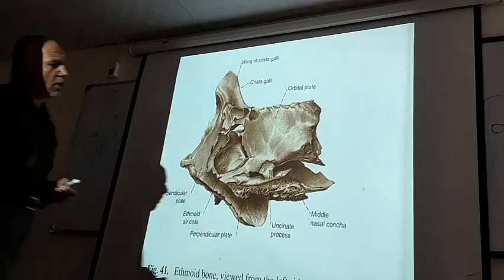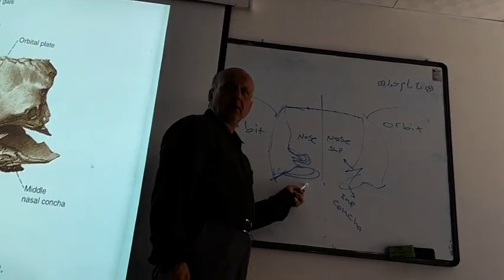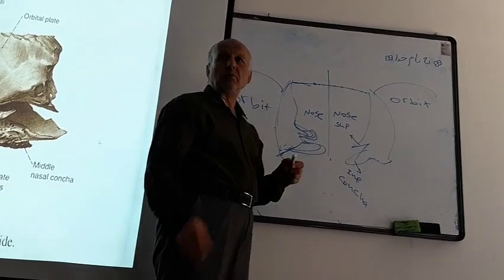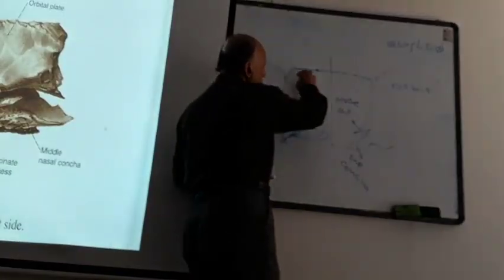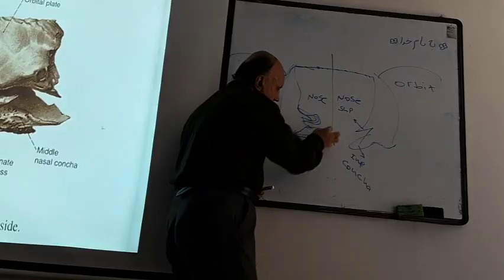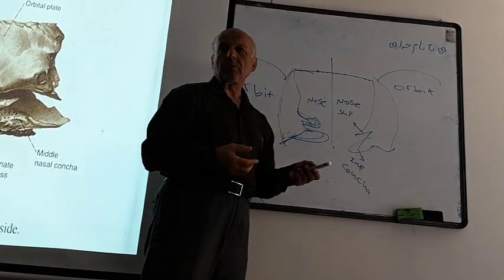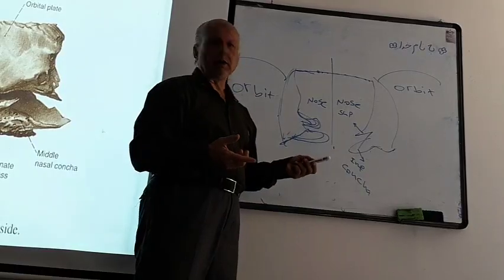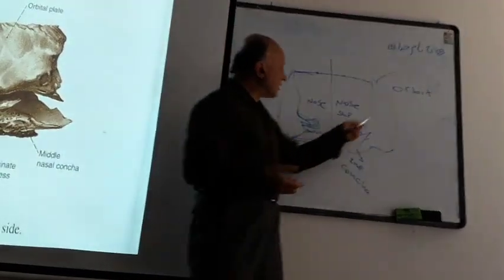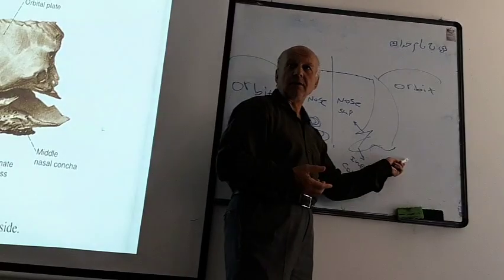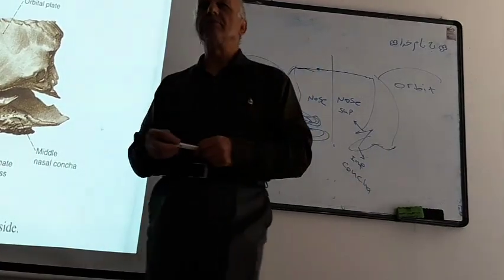Thus, why do we have concha here? Because we want to have much mucus. If here we don't have any concha, if this medial surface was like lateral surface, flat, here we would have less mucus.